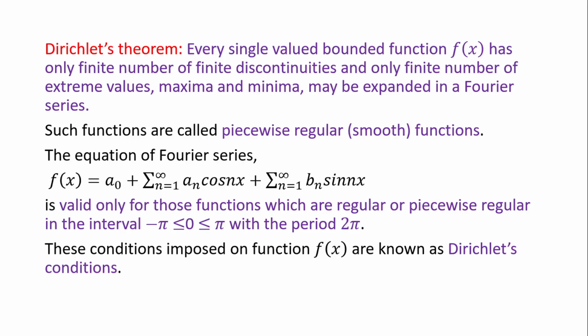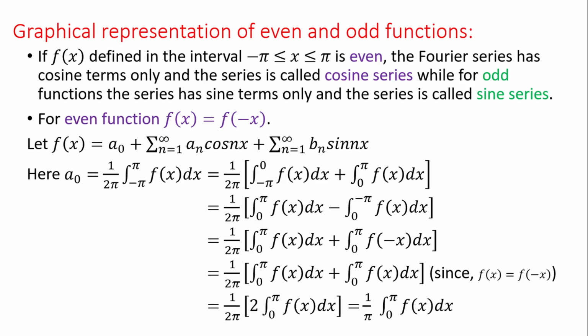And if f(x) is an odd function, then we came across a Fourier series with sine terms only, which is known as a sine series. So let us discuss how the even series and odd series can be represented graphically.